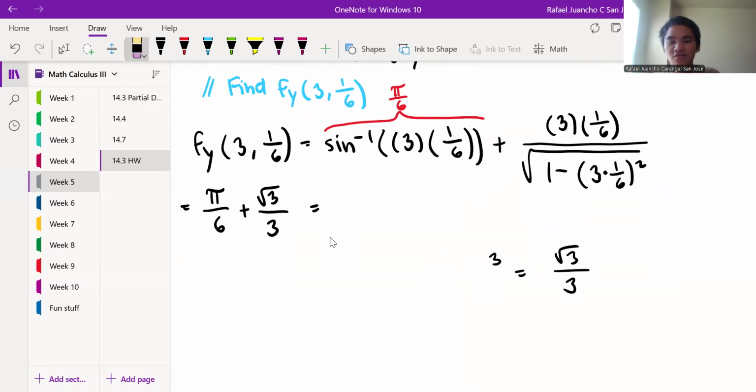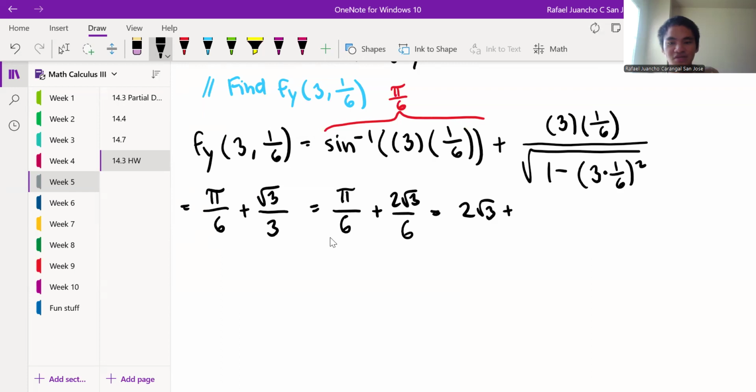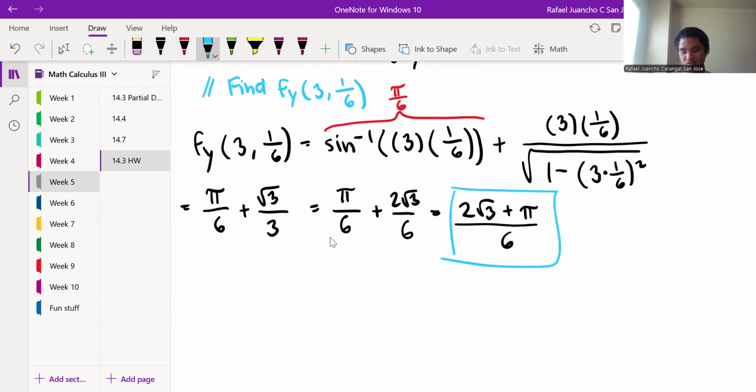And then I can find the common denominator, which is 6. Okay, I think this is the best way I could simplify right now. I can't think of any more. That should be it. So it's that number. Is it rounded? It's not rounded. So I have to keep it exact.